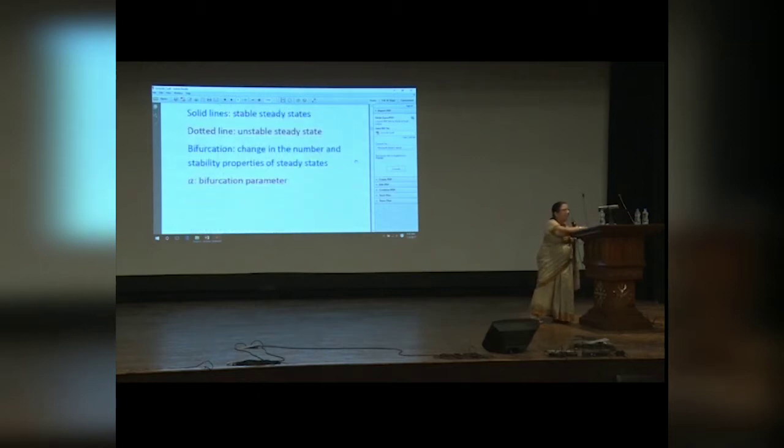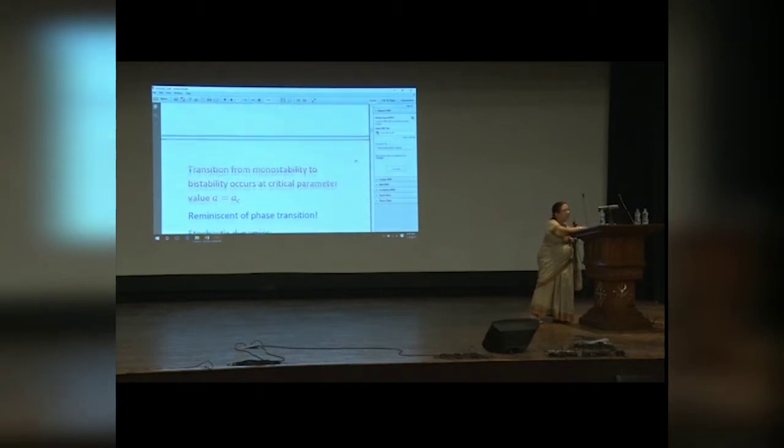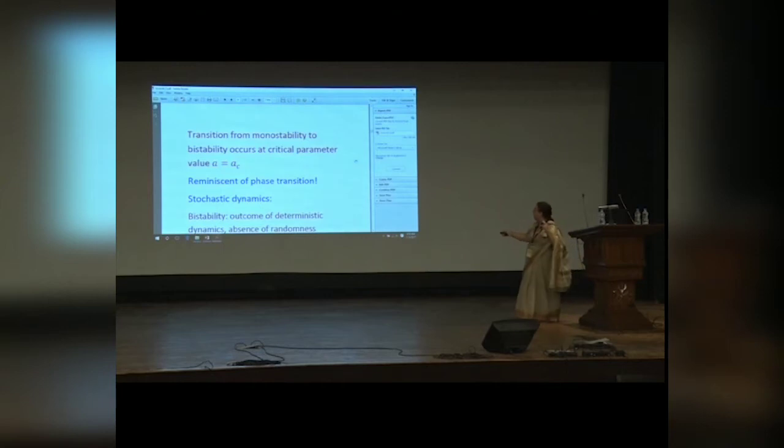This is reminiscent of critical phenomena, phase transition. Transition from monostability to bistability occurs at critical parameter value A equal to AC. In my talk, I will convince you that we have given evidence, corroborated by actual experiments, that cell differentiation is a case of bifurcation, and whatever experimental evidence people have obtained, they are signatures of criticality.